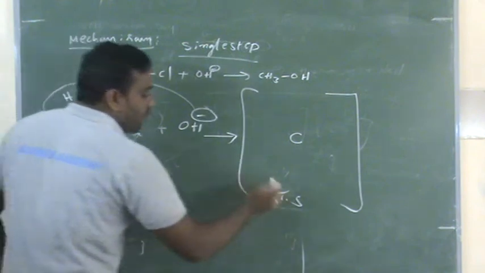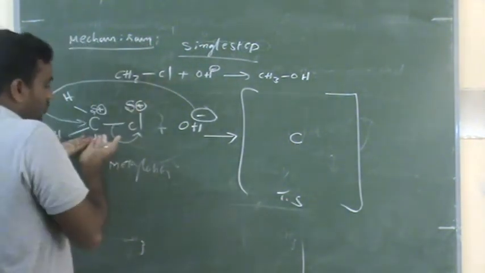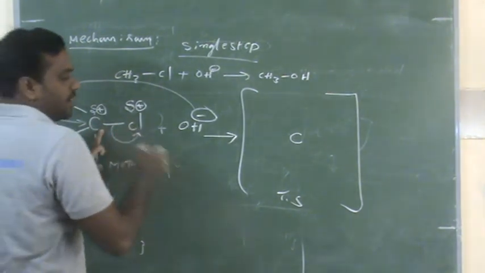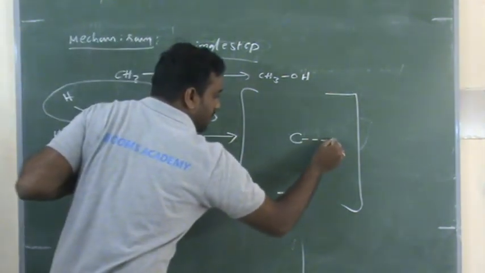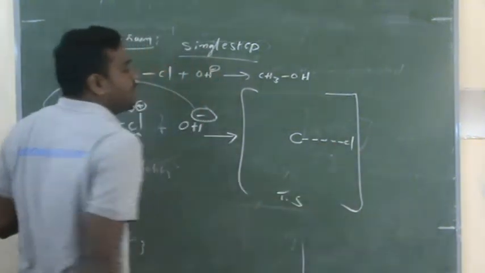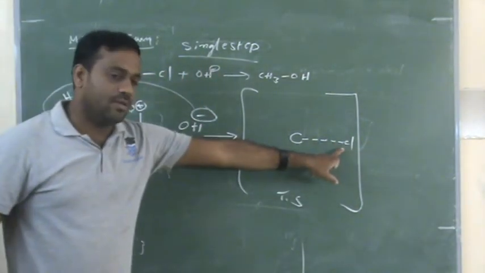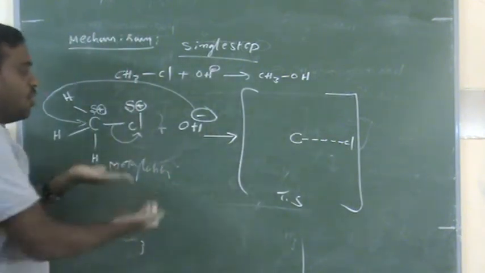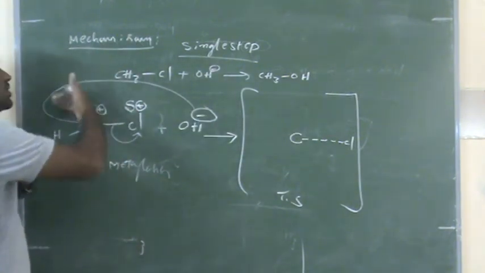When Cl is leaving, some bond between the carbon and the Cl must break. There is no complete bond break. There is a partial bond break between the carbon and Cl, because it is still not completely broken. Why? Because OH minus is still approaching.